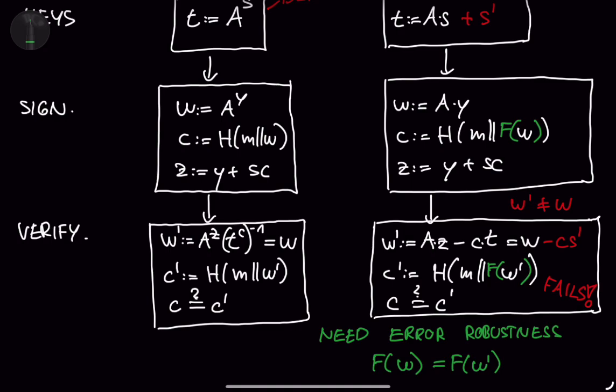But if we formulate this protocol, the Dilithium protocol, like that, where we add this function before hashing, then we get an error robustness, and this small part, the minus c times s', disappears. And now we can verify the signature again.